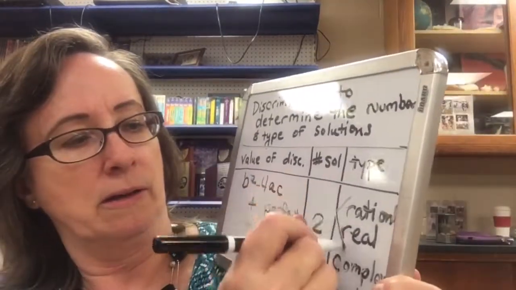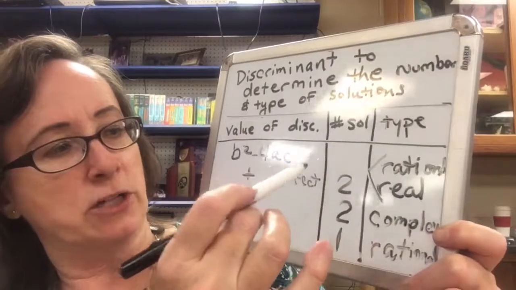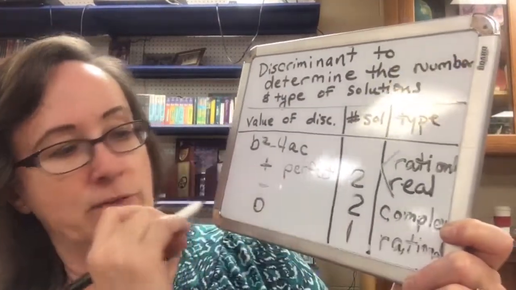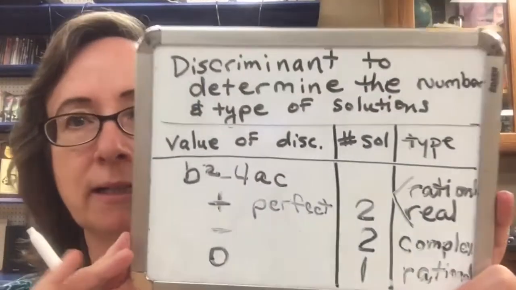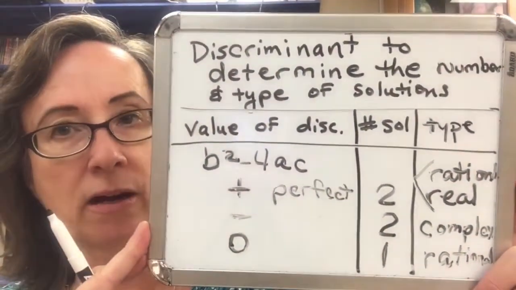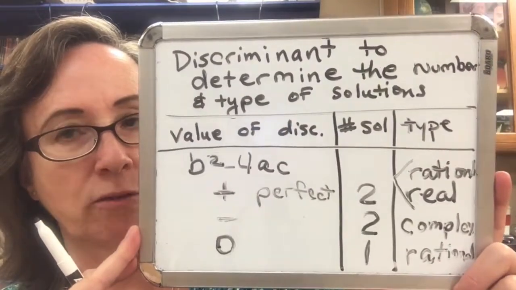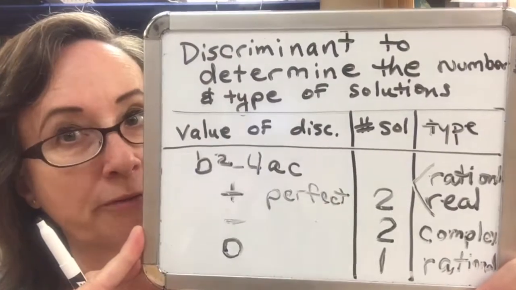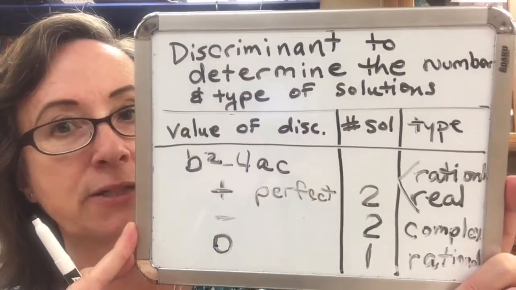If we had just a positive, it would be real and irrational, and we would have two of them. The only time we have one solution is when we have a 0 as our discriminant. So looking at the discriminant is a very important tool for us knowing what kinds of solutions we will be coming up with.